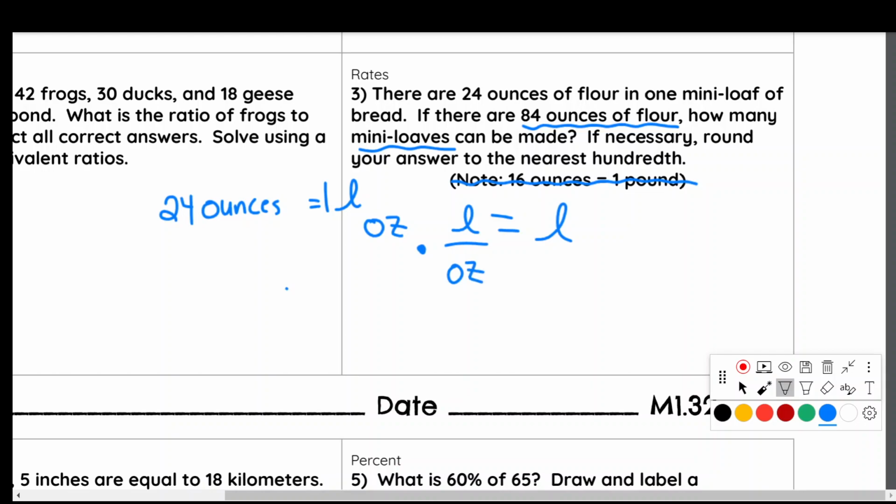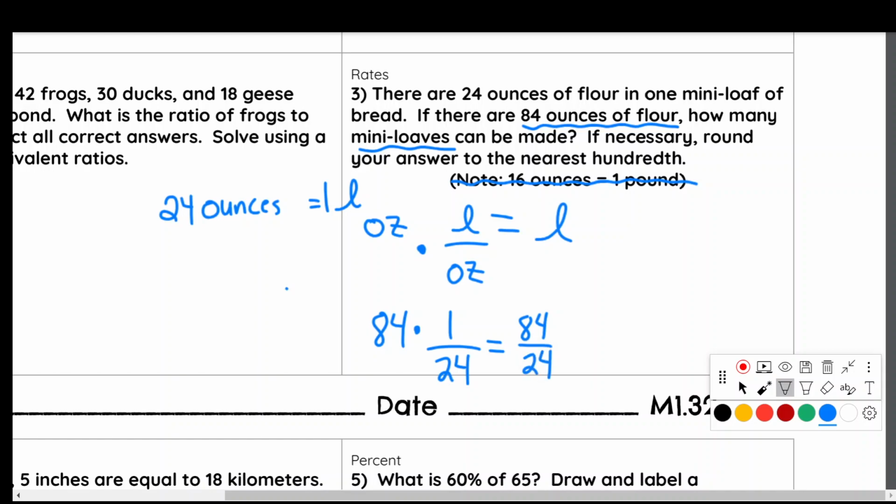Now I can substitute in my numbers, replace my units, ounces and loaves, with the numbers that I have. It says I'm starting with 84 ounces of flour, and I've got my conversion rate here. One loaf is 24 ounces, and if I complete this multiplication and division problem, I'll have the number of loaves. 84 times 1 is 84, divided by 24.